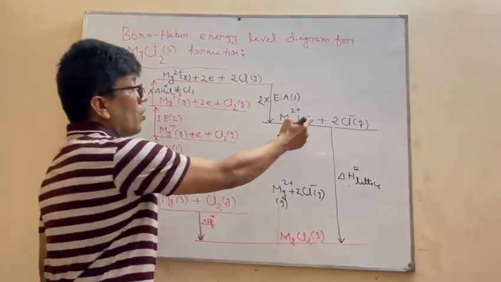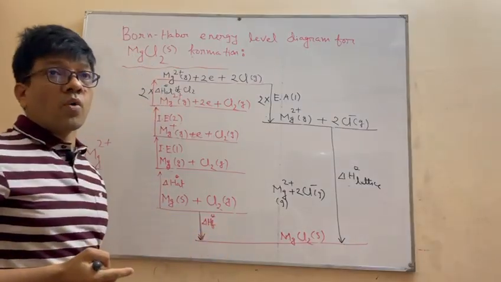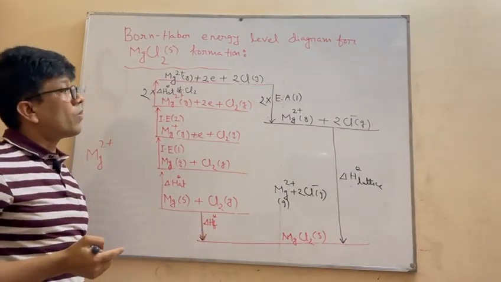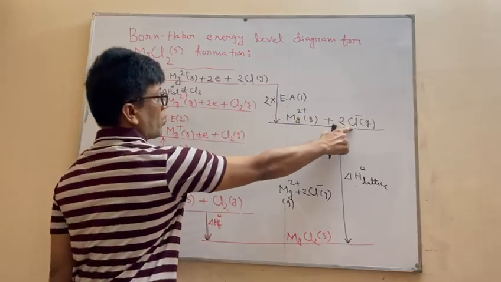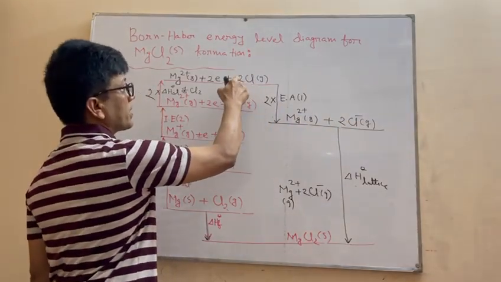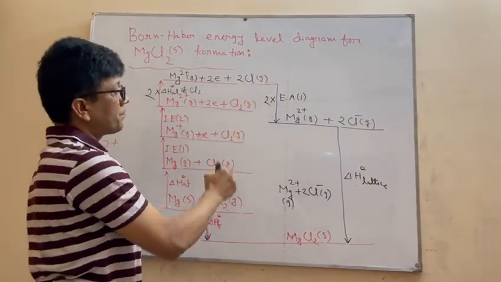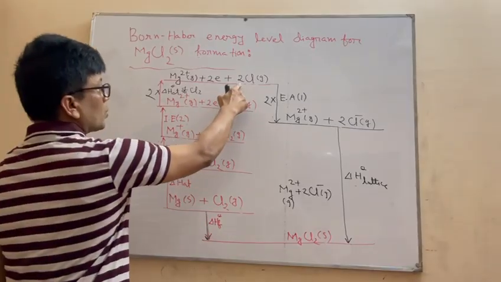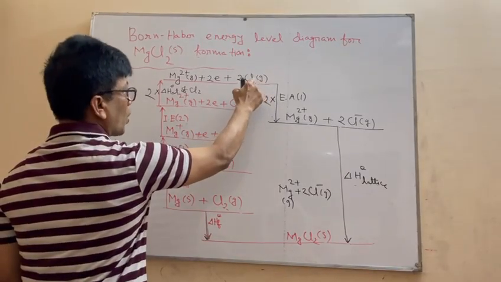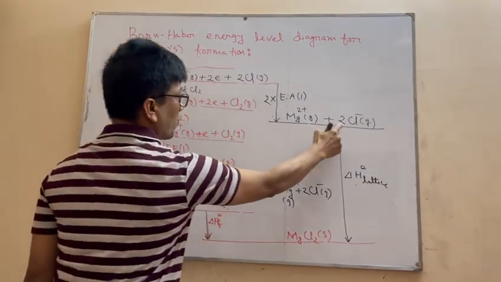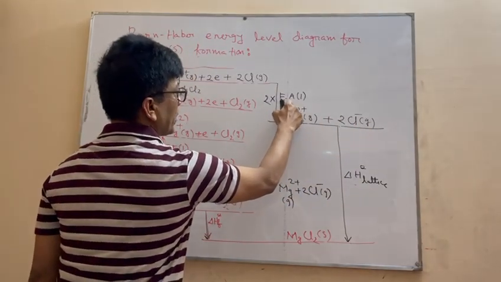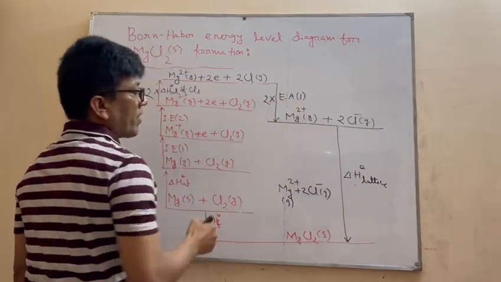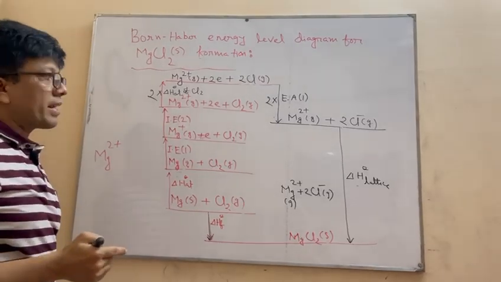So you know what electron affinity is: 1 mole of negative gaseous ion is formed from its gaseous atoms. Then as 2 moles of chlorine atoms gain 2 electrons to form 2 chloride gaseous ions, this is 2 times electron affinity, EA1 meaning first electron affinity, times 2.